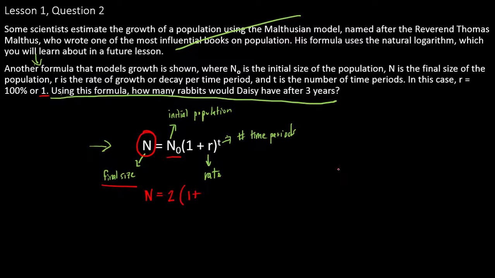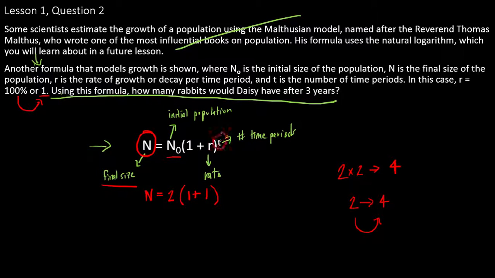So for example, if I start out with my 2 rabbits and I double the number, that means I'll have 4 rabbits. So my population has grown from 2 to 4, which means my population has grown by 100%. 100% expressed as a decimal is 1, so that's why r is equal to 1.